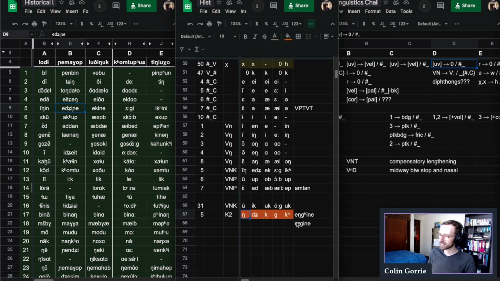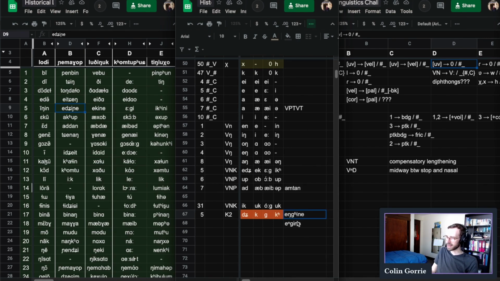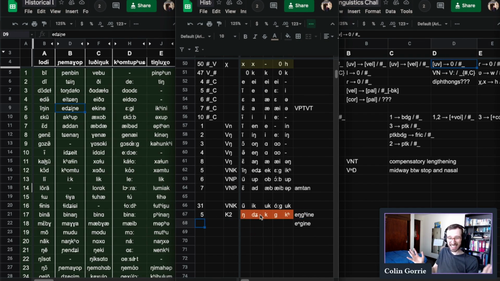And then the presence of the nasal comes from the fact that the nasal stop cluster simplifies to a nasal, but not before putting nasalization onto the previous vowel in branch A. Maybe? What do we think, chat? I don't know. So I think those are our two options for K2.